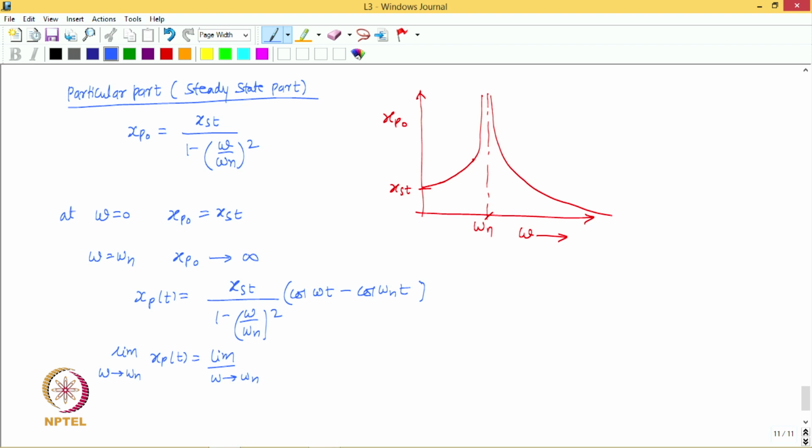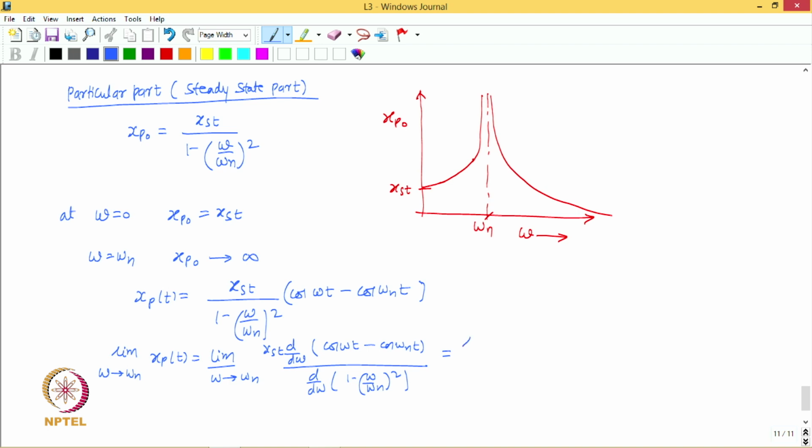We see that the numerator and denominator both become 0, and hence we can use L'Hospital's rule. We take the derivative of cos omega t minus cos omega n t with respect to omega, and then we also take the derivative of the denominator, which is 1 minus omega upon omega n square. Of course, we also have x static here.